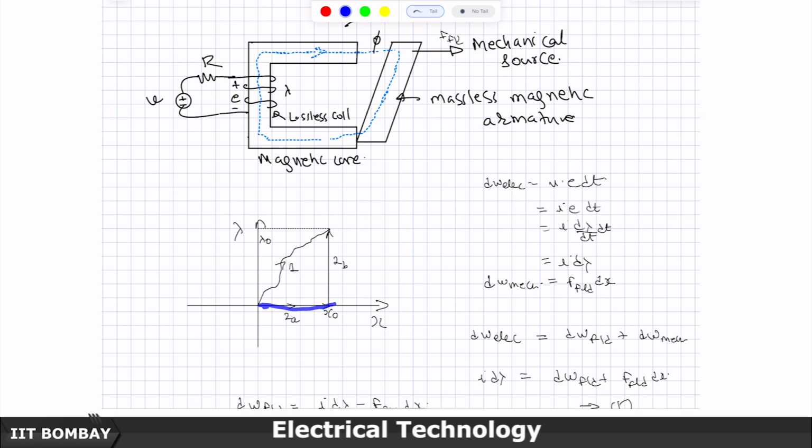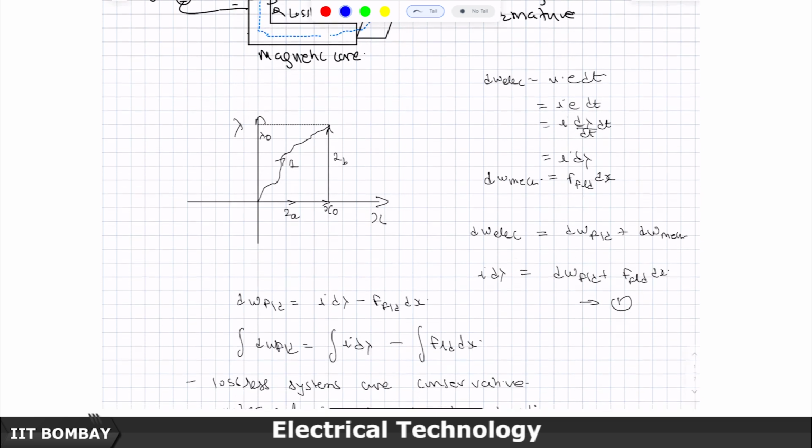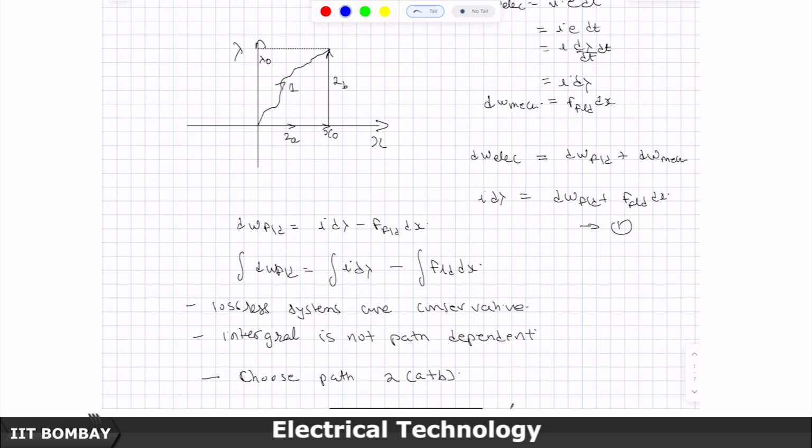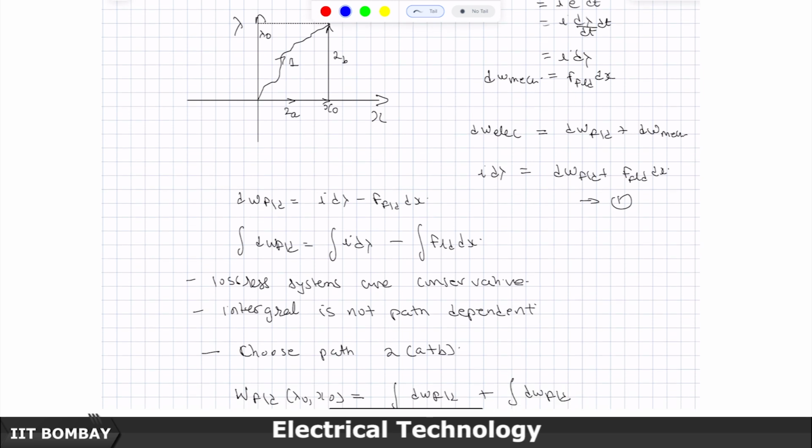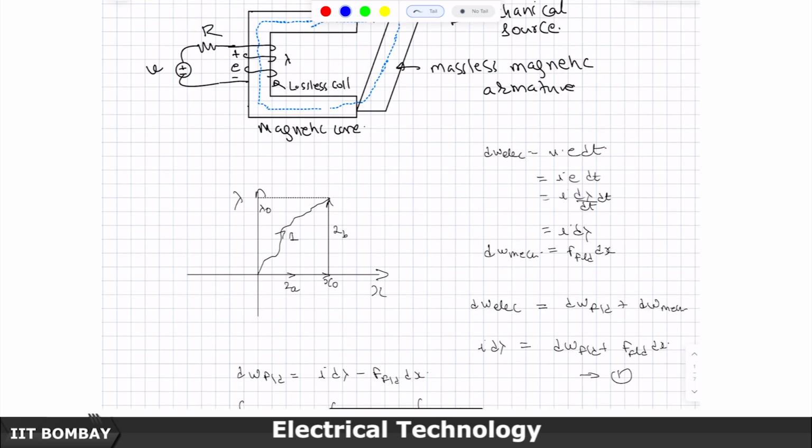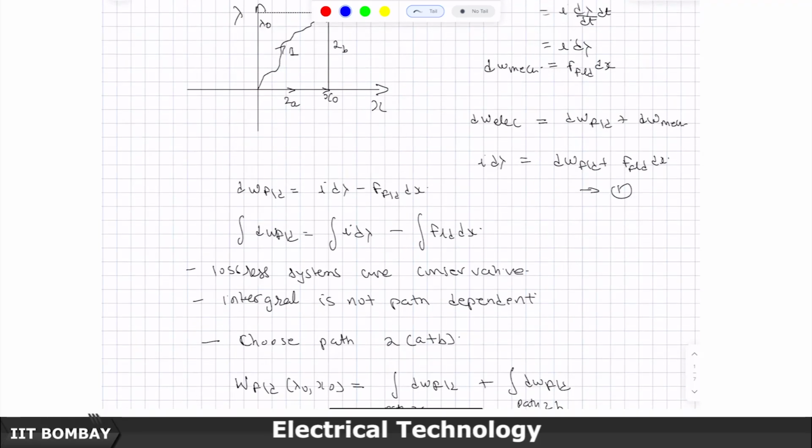One interesting way is that I take a horizontal line along this x axis, this is path 1, this is path 2A, and then I take a vertical path and reach here. Now, if I am taking this system as lossless and conservative, then this integral that we are talking of here is path independent.